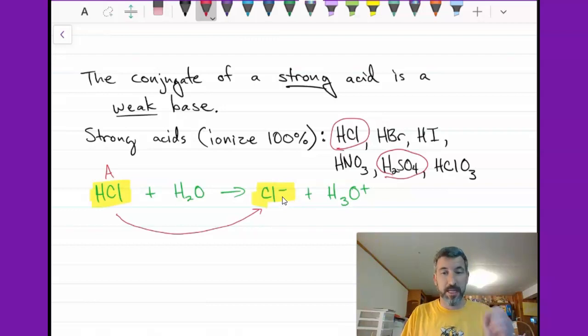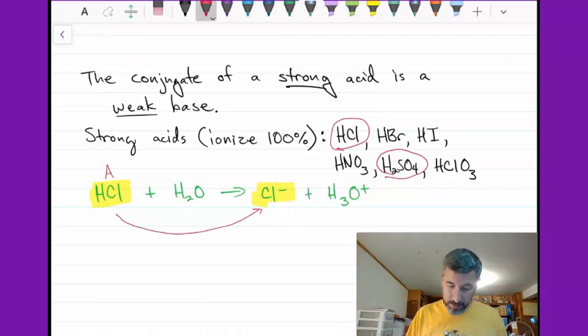The chloride just stays there in the solution, the hydronium stays there in the solution, and we don't reform really any of the HCl. So that's why the arrow is drawn in one direction, because the conjugate of this strong acid is a weak base, and it's so weak that it really doesn't even act as a base, even though technically it is the conjugate base of the strong acid.